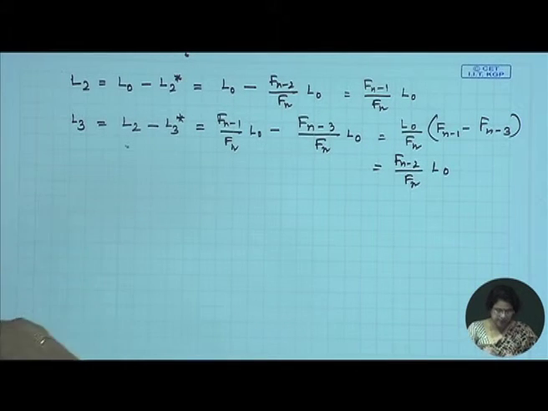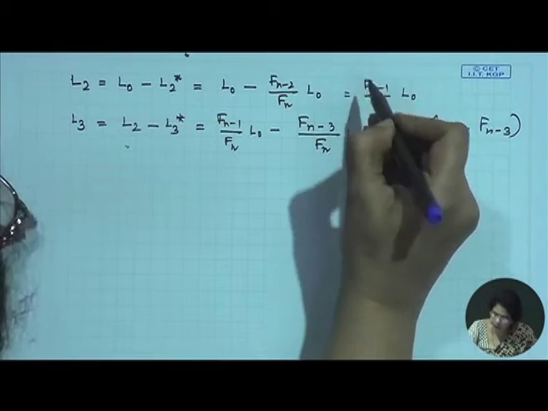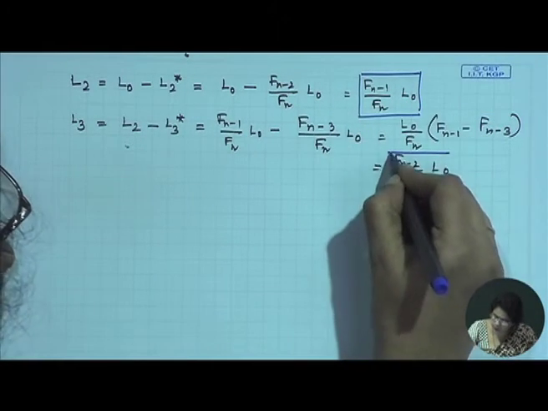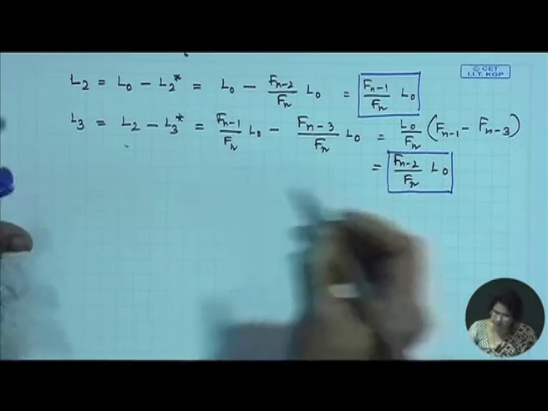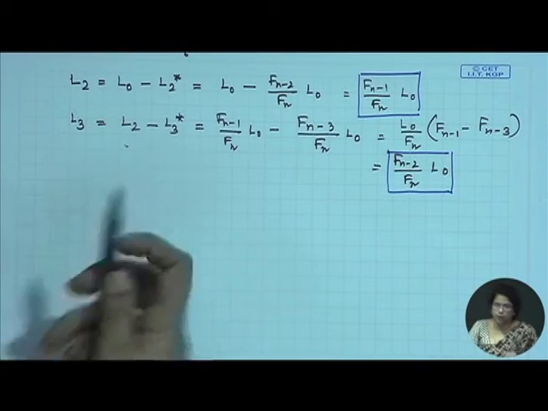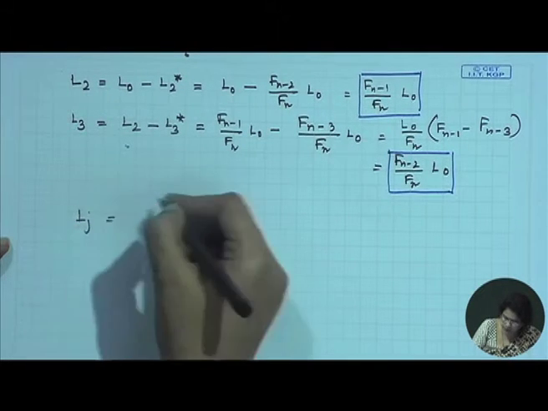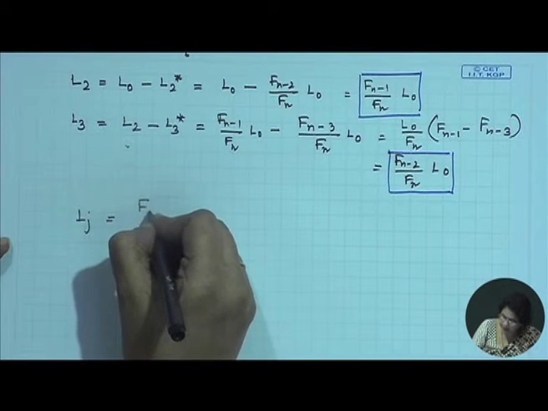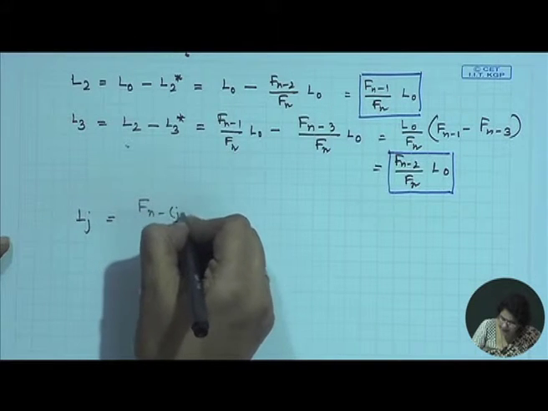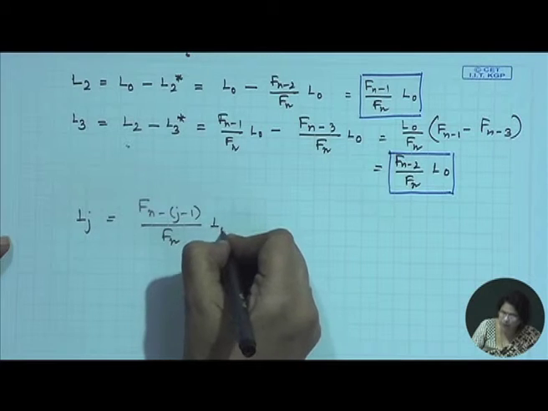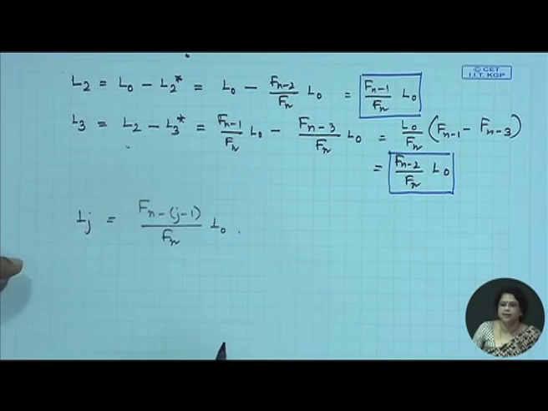Just look at the pattern. L2 is equal to this one, L3 is equal to this one. Okay, let me go to the jth. Lj is equal to Fn minus j plus 1 divided by Fn times L0. Got it?